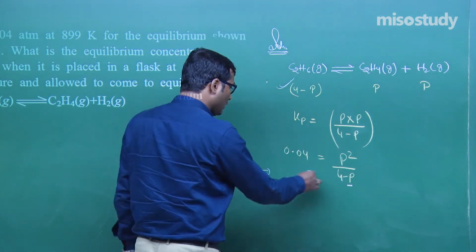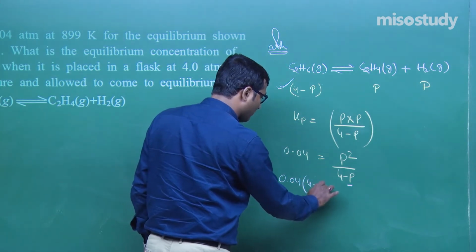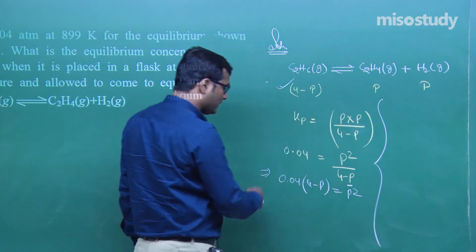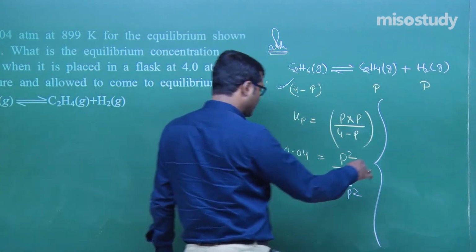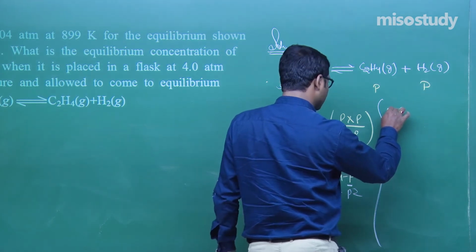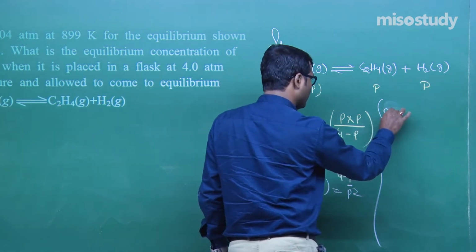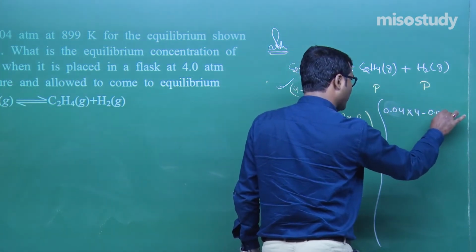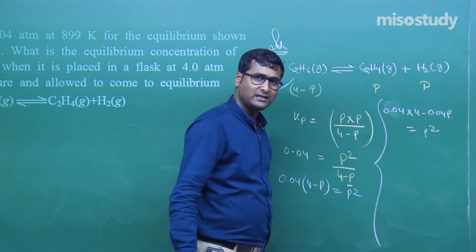So what to do? We can write 0.04 into 4 minus P is equal to P square, my friend. Clear? Now multiply them. Let me write it down: 0.04 into 4 minus 0.04 into P equal to P square. Am I right? Yes sir.